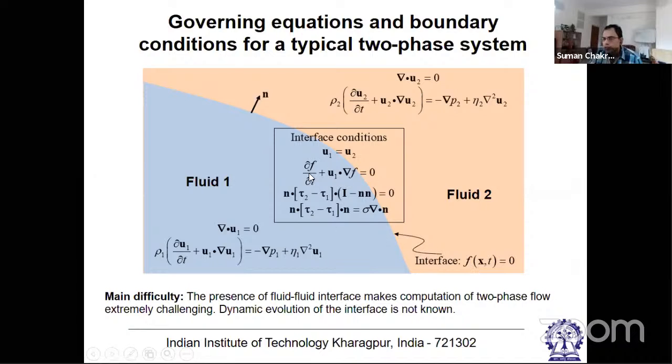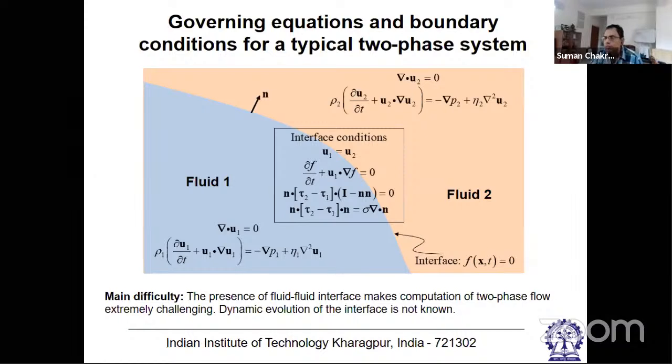So what this equation says is that the total derivative of this function with respect to time is 0. In other words, a particle which is located on the interface will be located on the interface forever. This, in summary, is known as the kinematic boundary condition.